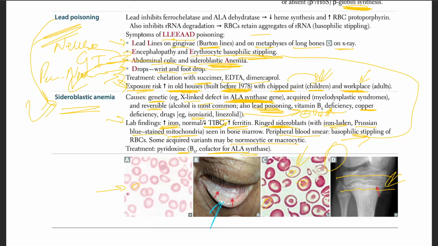Here, what is important is that you are in an iron overload state, the same iron levels as you see in hemochromatosis.